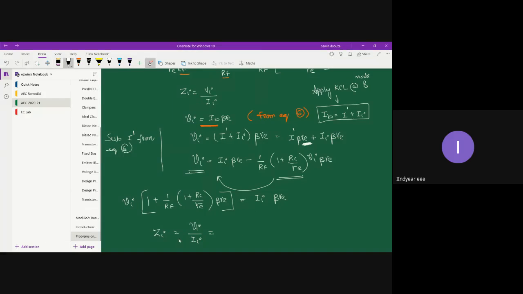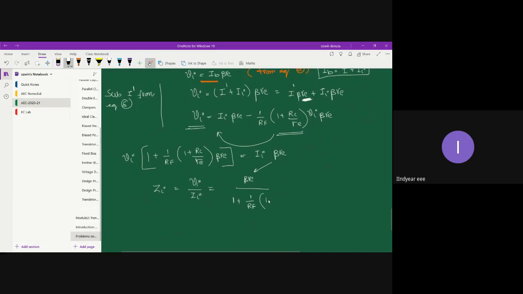So Vi divided by Ii is equal to beta re in the numerator, and in the big denominator you will have 1 plus 1 by Rf into 1 plus Rc by Re, into beta re. Let me keep this beta re over here itself. So this is your expression for Zi.